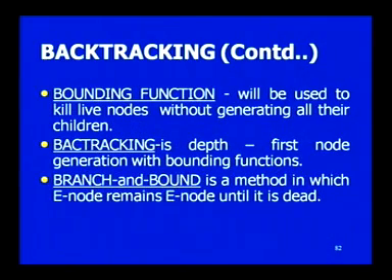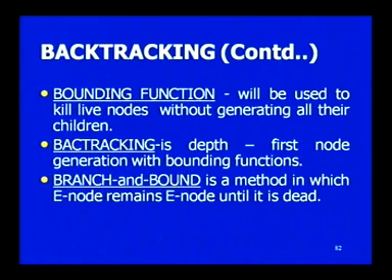I can also put in bounding functions. In bounding functions, I am going to kill the live nodes, and I am also going to discard the paths which may not lead to possible solutions. This process is called pruning. Pruning is chopping off the nodes that cannot possibly lead to a solution.